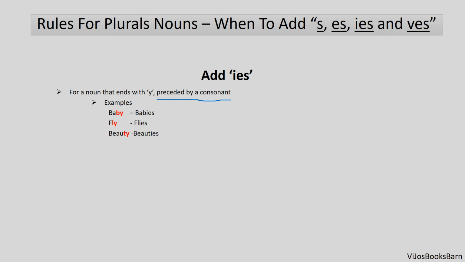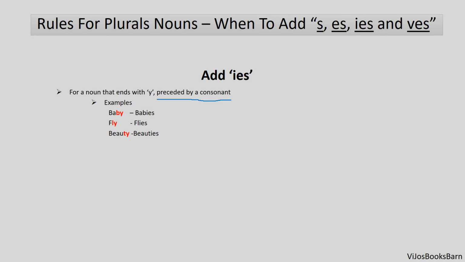Now we have to add IES if you have a noun that ends with Y and is preceded by a consonant. So what is a consonant? A consonant is any alphabet which is not a vowel. A, E, I, O, U are the vowels. So any other alphabet which is not a vowel is a consonant.